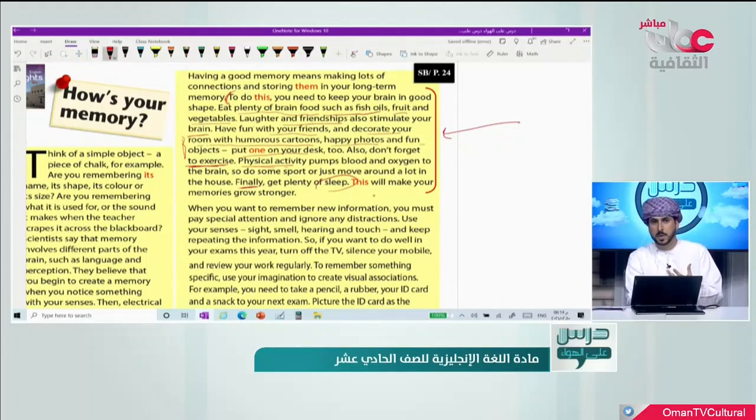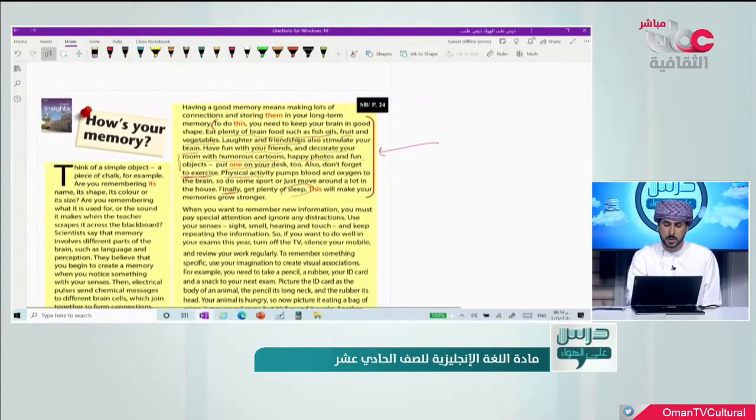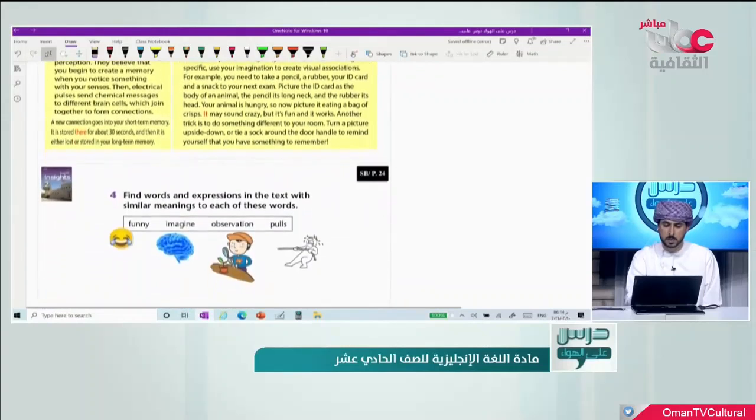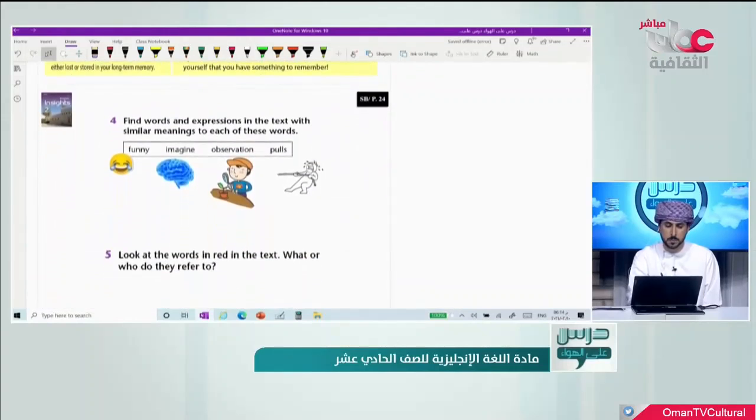So after getting good sleep, you will get up and find out that the information you studied before sleep was organized and put in good places so that you can recall it anytime you need it. Okay, we'll come back to this text again, but we need to have other questions.